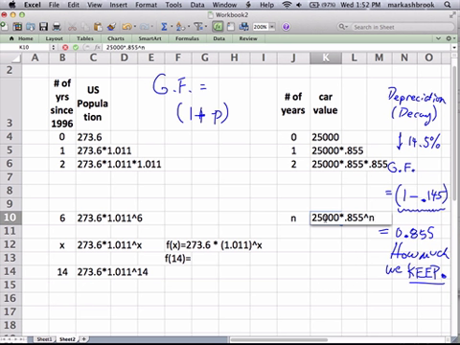Yeah. By this time in years, we will have multiplied by 0.855 n times. Imagine 0.855 times 0.855 times 0.855, n of them. That's where the exponent comes in, just to make our life easier than having to list out that same number lots of times. So that's our function. We can call this one g of n, say. g of n equals 25k times 0.855 to the n.